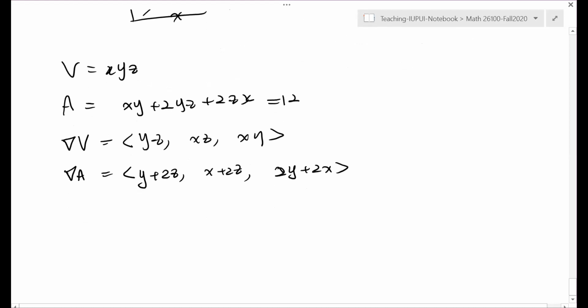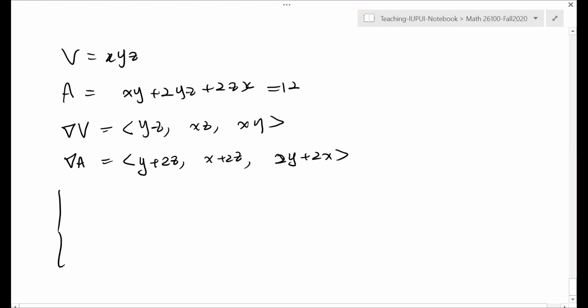Yes. So we have to find the points such that the function, here we know that x, y, z are all positive. So A equals 12. This surface is harder to draw.